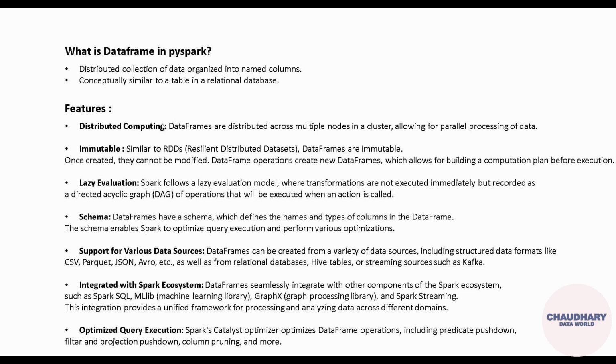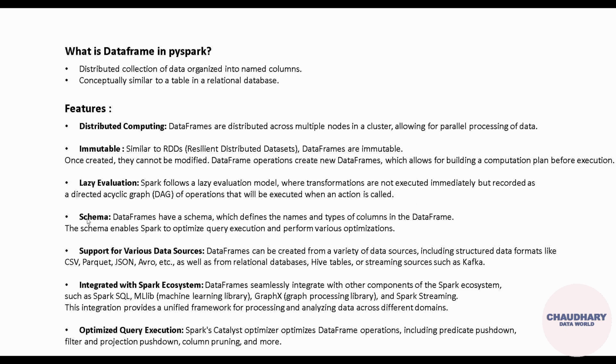Distributed computing, of course: it is also distributed computing for parallel processing of data, same as RDD. Immutable, again the same thing. Whatever RDD was immutable, this is also immutable. That means you need to create a new data frame if you want to apply a transformation. Lazy evaluation, which we already covered in RDD, is the same feature we have in the data frame as well.